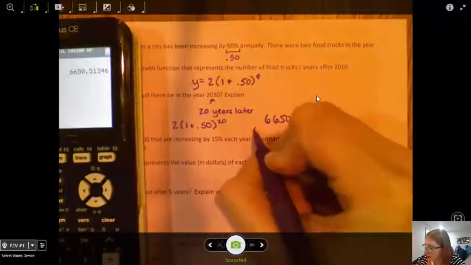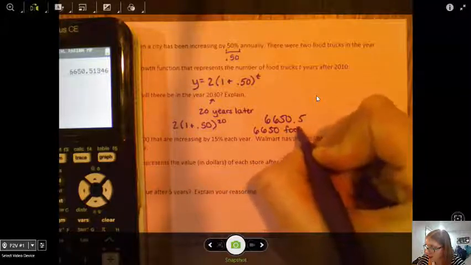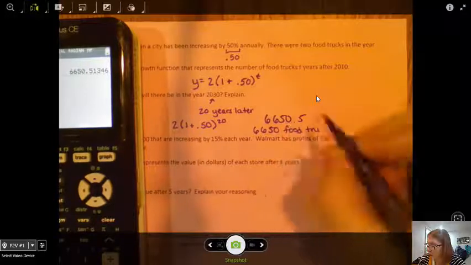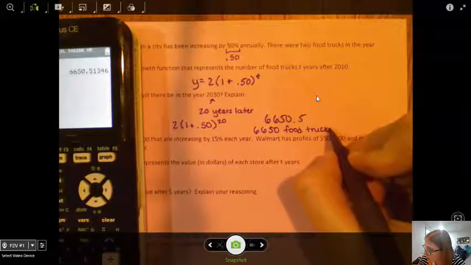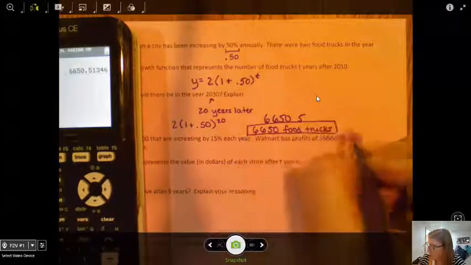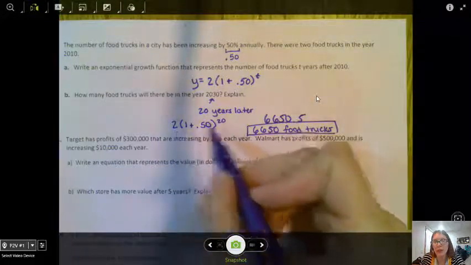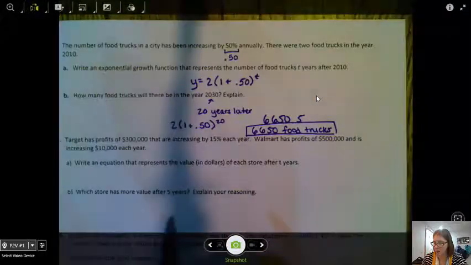Now I'm actually going to round that down, 6,650, because I don't quite have the 6,651st food truck. I only have 6,650. It also says to explain all of this work that I did right here, where I took 20, plugged it into my equation, that's my explanation. My work is my explanation.